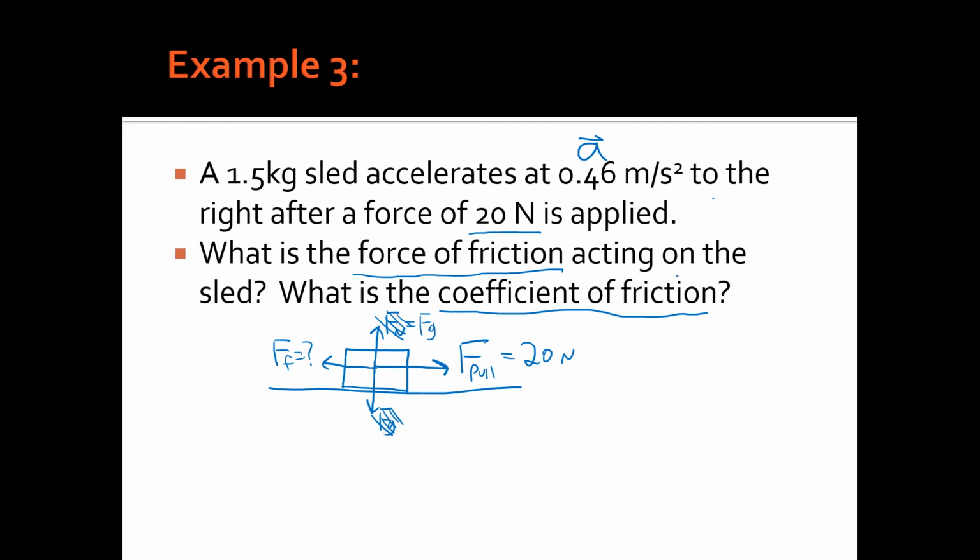Well, based on Newton's second law, the equation for unbalancing force is mass times acceleration. I have the mass of the sled, which is 1.5 kilograms, and the acceleration, which is 0.46 meters per second squared. So now I can calculate the net force this way.